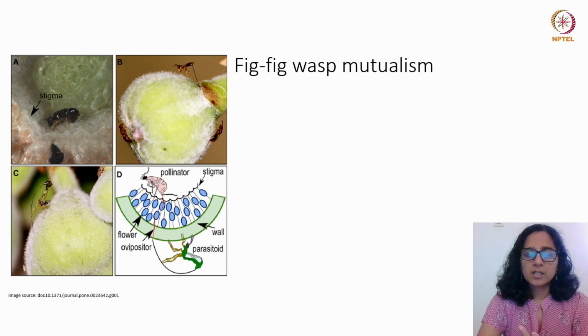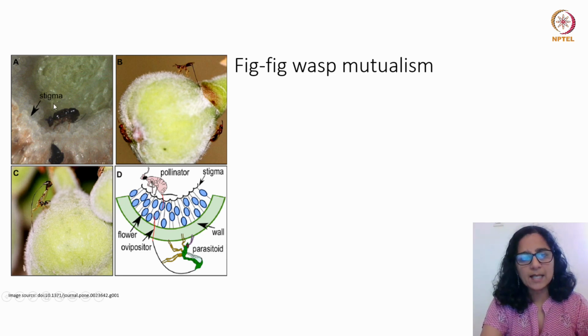So Shravanti Upaluri would have talked about this specific paper, where she would have talked about how to understand and read a scientific paper. This is just an example of that paper where basically you see wasps here. This is a female wasp which is inside a syconium.